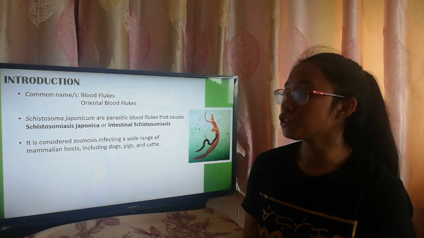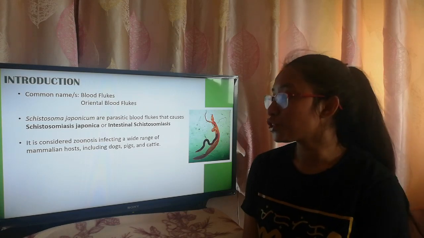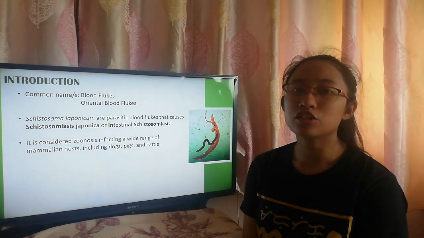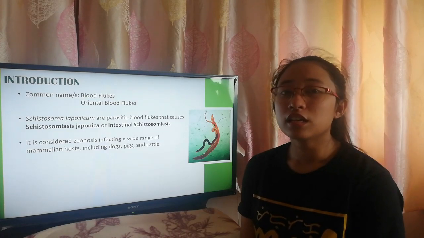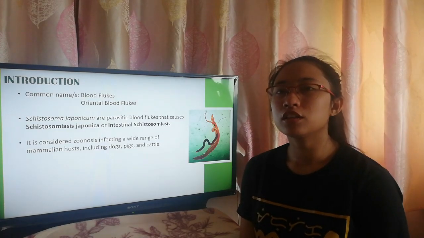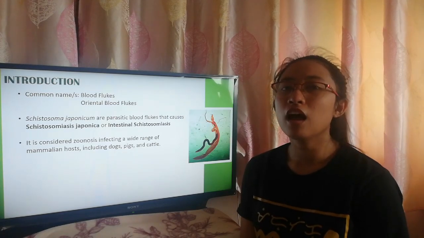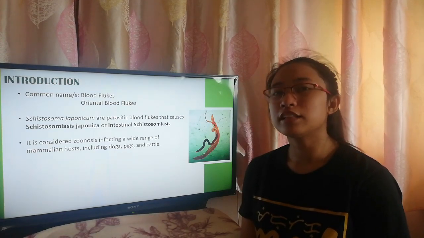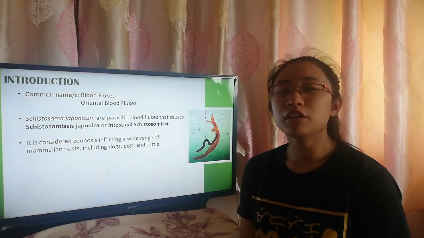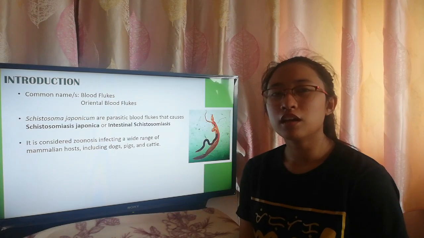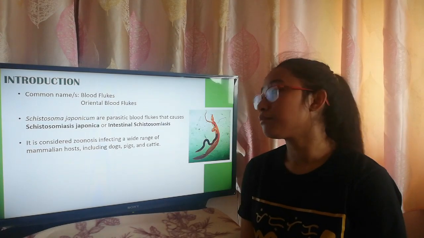Schistosoma japonicum is a parasitic blood fluke that causes schistosomiasis japonica or intestinal schistosomiasis. This parasite is zoonotic in nature, meaning that it does not only infect humans, but also a wide range of other mammalian hosts, including cats, dogs, pigs, and some other sources. It is possible that it can infect horses, birds, and more.